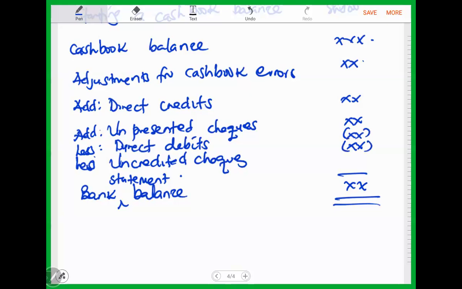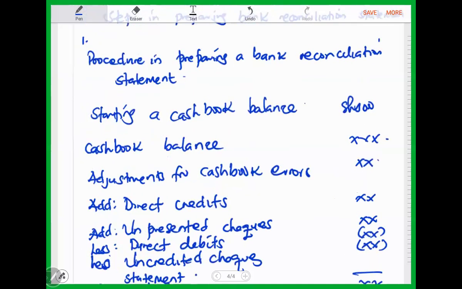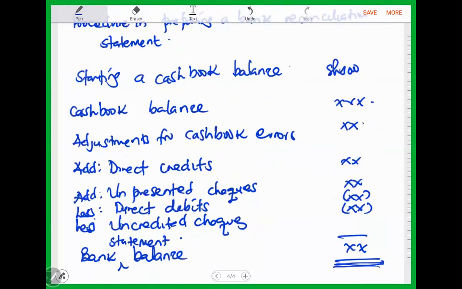The rest we are adding. And the errors that are committed are supposed to be adjusted in one way or the other. That is the situation when you start with the cash book balance. We are going to do some examples to this effect. And this is the commonest when you start with the cash book balance. Normally, that is the commonest that we find in the exam.